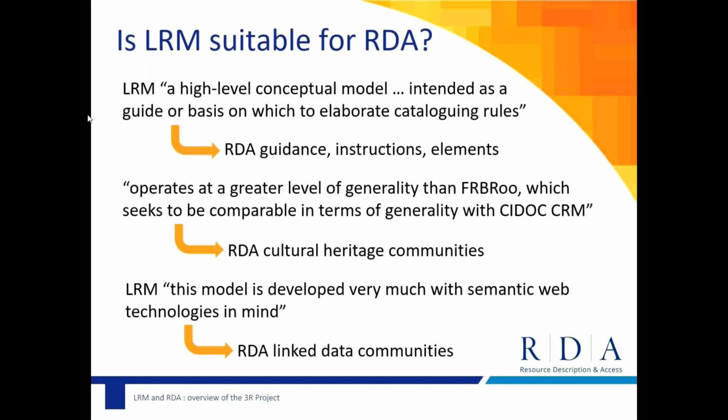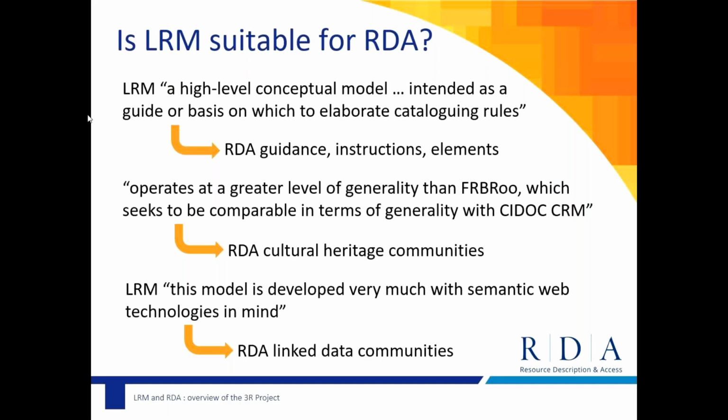So the question is, should RDA continue to base its entire structure on this new Library Reference Model? What are the reasons why we should continue to do this and invest in such a big change? And here are some reasons.